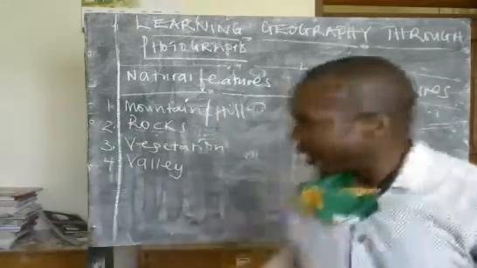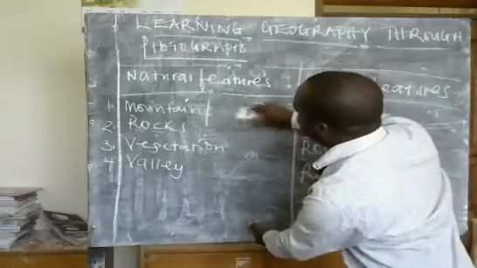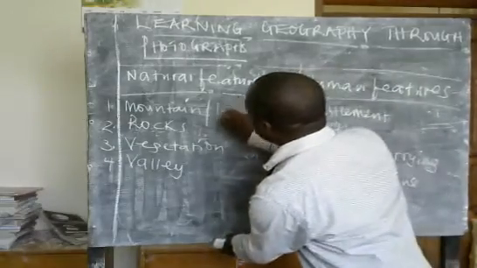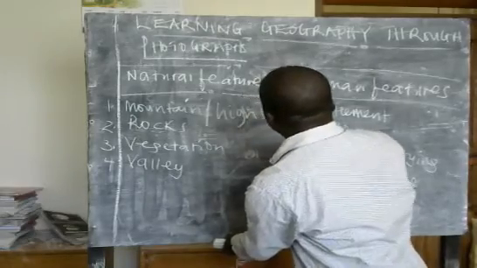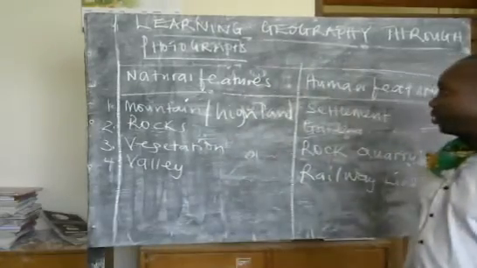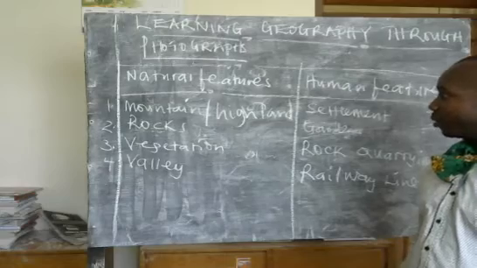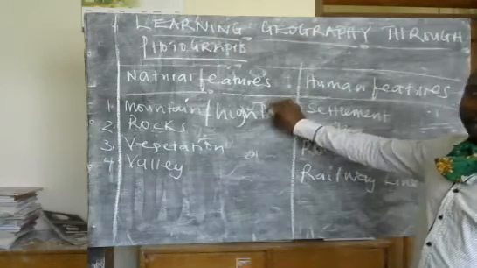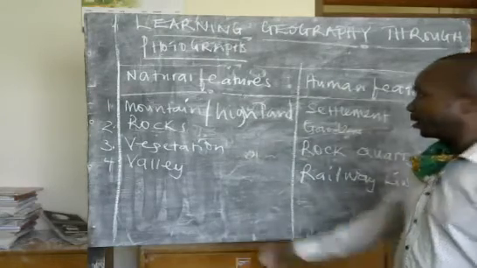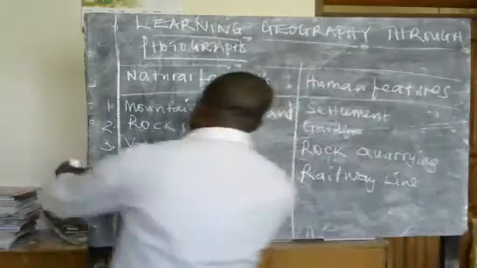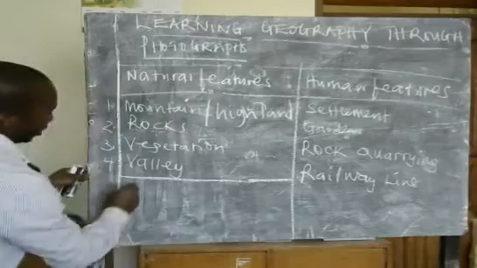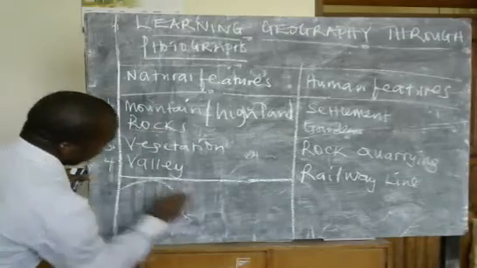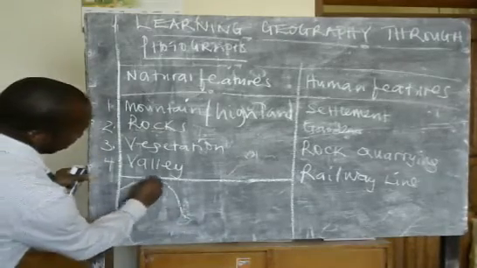The background of the photograph was showing a highland. This side, if I am to draw a sketch, there was a mountainous area.